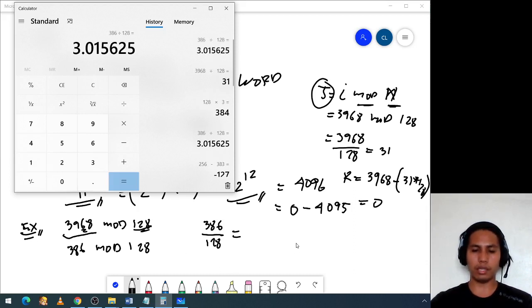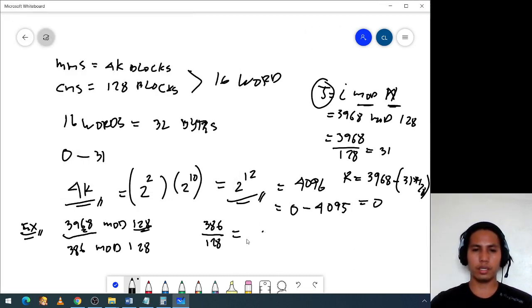So that is actually 3. But what is the remainder? So to get the remainder, that is actually equal to 386 minus the product of 128 times 3.